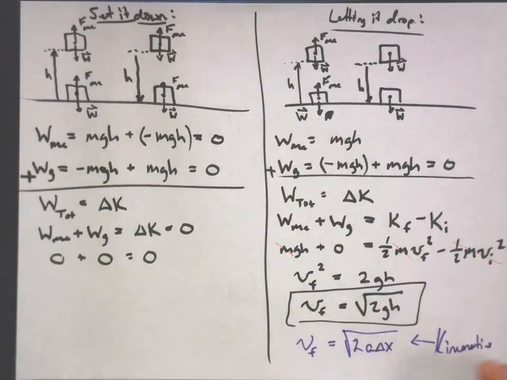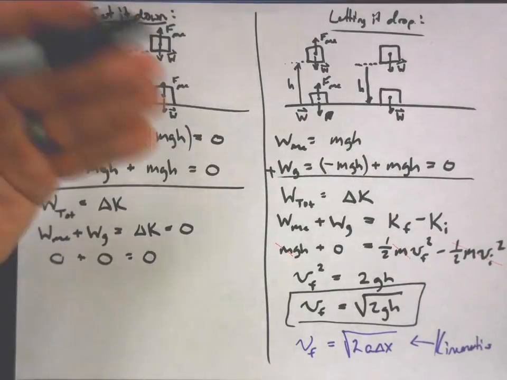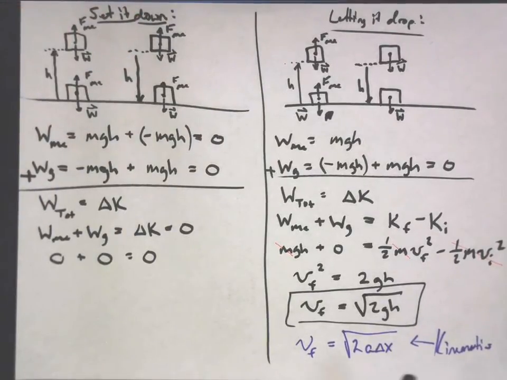Well, it's really the same equation. Little g is the acceleration, h is the distance traveled, so delta x in this case is in the y direction, but never mind that. We're now working with work and energy, but it totally, 100% jives with what we have already learned from kinematics. So that's kind of cool.